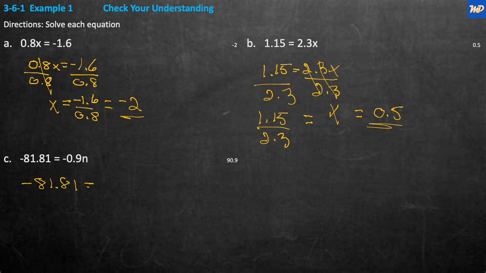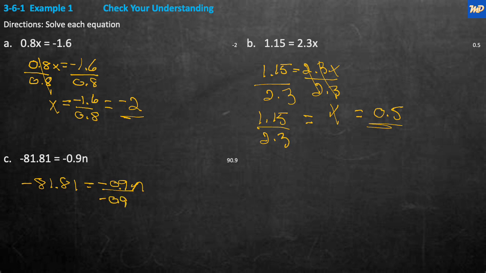Now C, negative 181.81 is equal to negative 0.9n. I'm going to do it again just by dividing, because there's not a whole lot of room on this sheet. I'm just going to divide both sides. I have to get the n coefficient equal to 1. In order to do that, I have to divide both sides by negative 0.9.